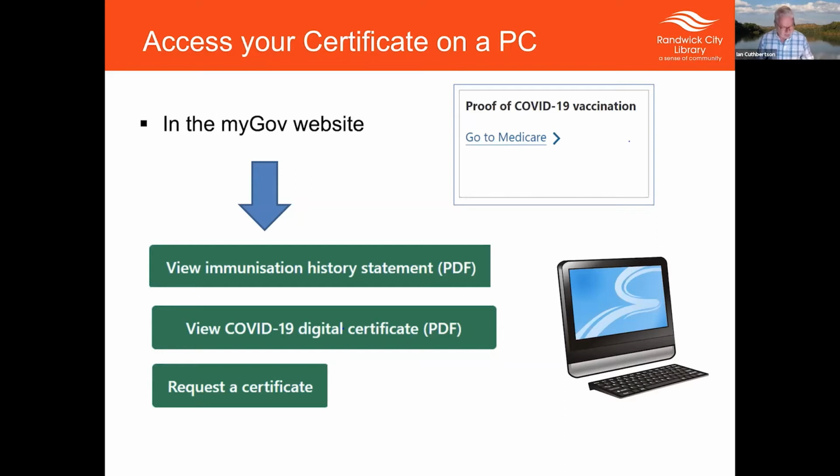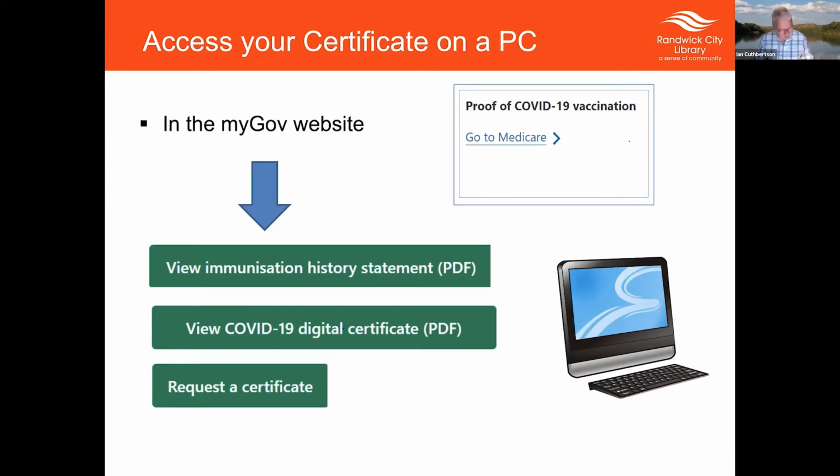So: view immunisation history statement, view COVID-19 digital certificate, and request a certificate. Now the difference between these is that request a certificate is about international stuff. It's about requesting a certificate that you can show when you get on the plane and all that sort of stuff. And view your COVID-19 digital certificate is exactly that. Once you've viewed it, you can print it or upload it or whatever. And your immunisation history statement comes as a PDF that's also printable. All right, so you see the two boxes.